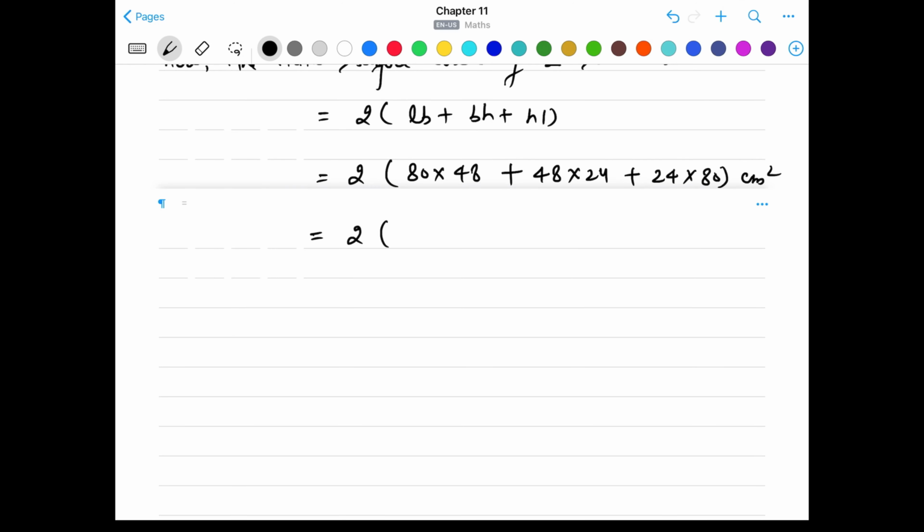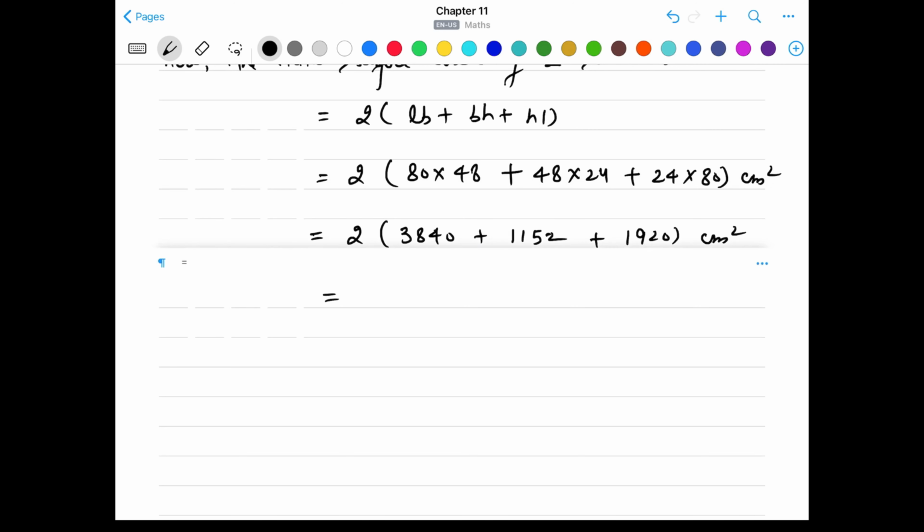So we have this 2 multiplied to this 80 into 48 will result into 3840. Then 48 into 24 will result as 1152, plus this 24 into 80 will result as 1920 centimeter square.